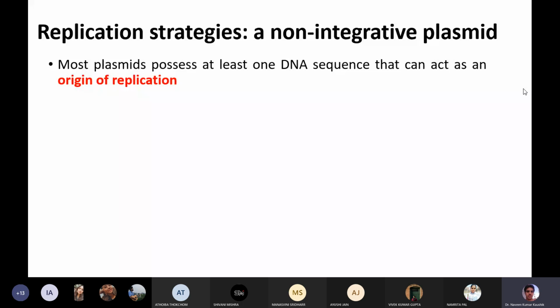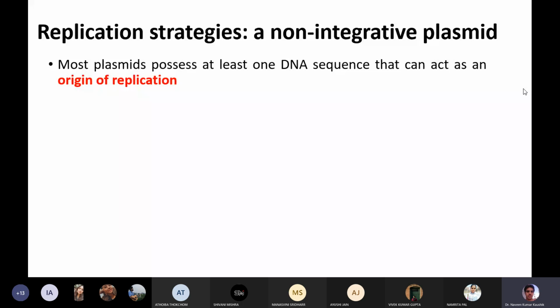Like in the case of your genome, the chromosomal DNA has a large number of origins of replication. That's why replication does not start at just one end; it starts at multiple locations within your chromosomes. But in the case of the plasmid, there is at least one. The minimal requirement is one. If more than one is there, it is going to work equally well. But our requirement is just one.